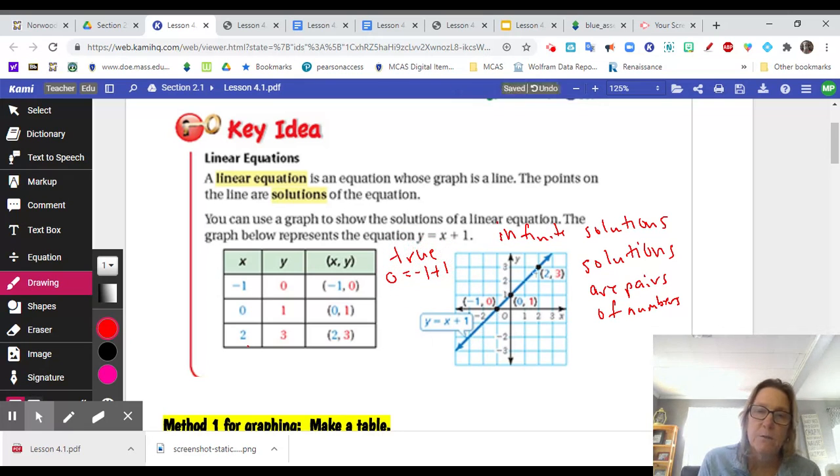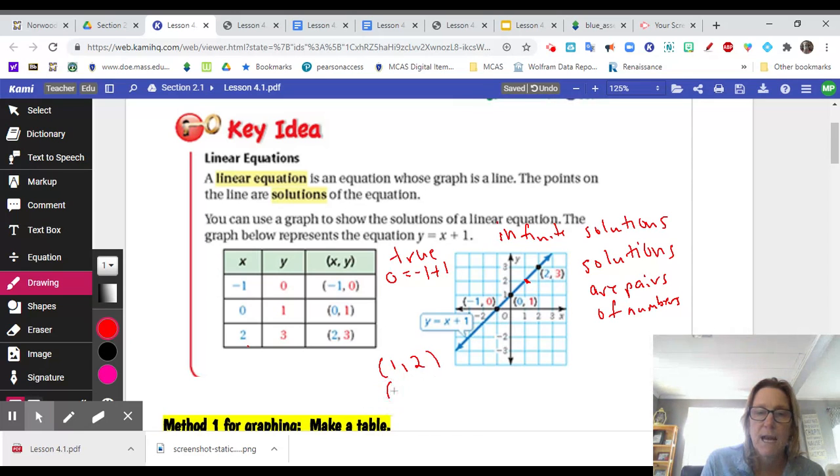So then they plotted those 3 points, and lo and behold, they lie in a straight line. And if we look along the line, we realize that every point on the line makes the equation true. For example, this point makes the equation true. That has the coordinates 1, 2. 1 plus 1 equals 2. But I didn't have to just choose a nice number like 1. I could have chosen -1/2. -1/2 plus 1 is 1/2.